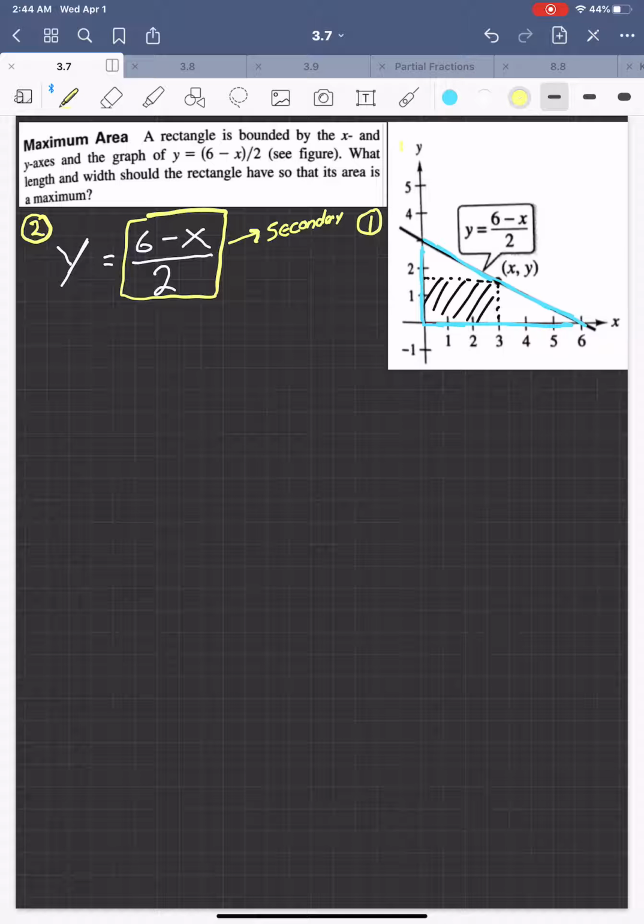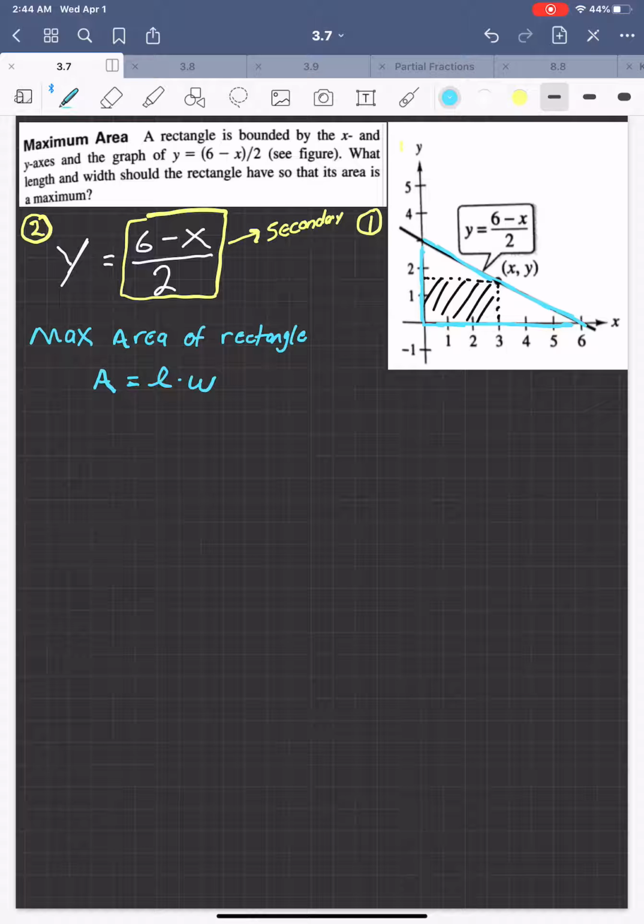But we still need the primary equation. And to answer the question of what's the primary equation, you should ask yourself, what are you trying to minimize or maximize? Since we want a maximum area, of what? Area of a rectangle. Well, the area formula for a rectangle is area equals length multiplied by width.